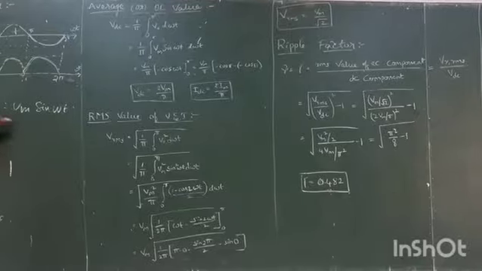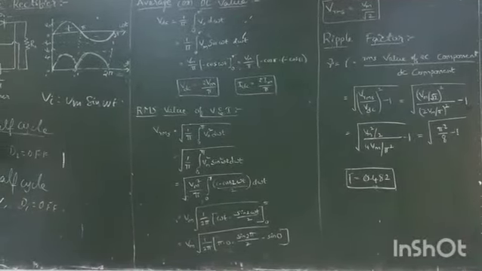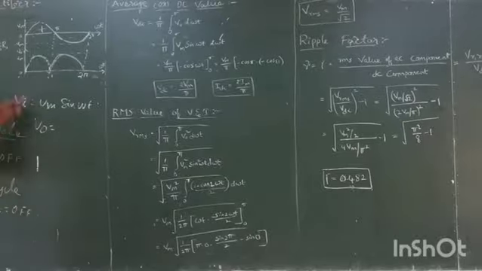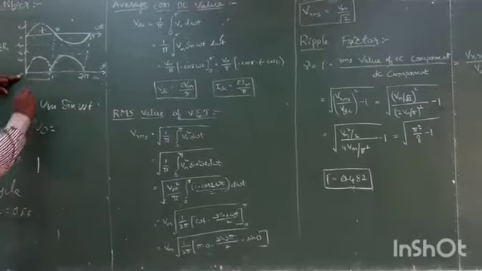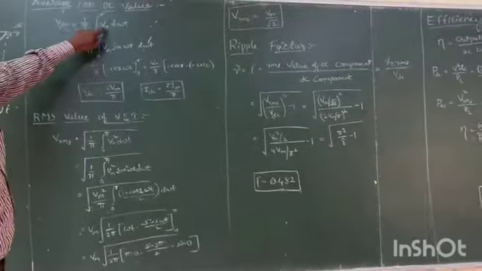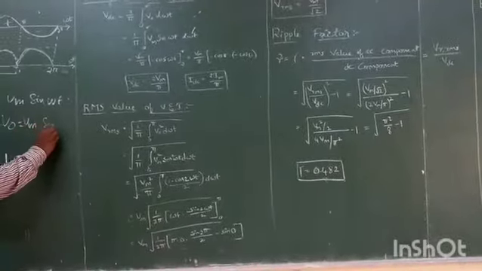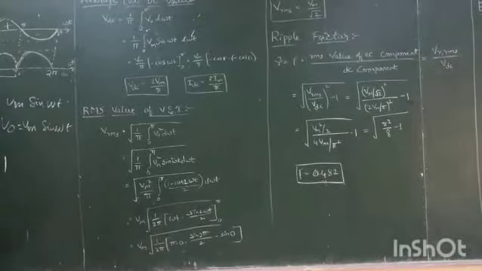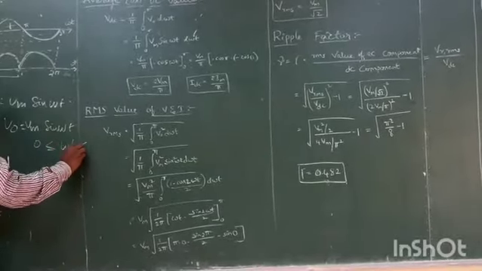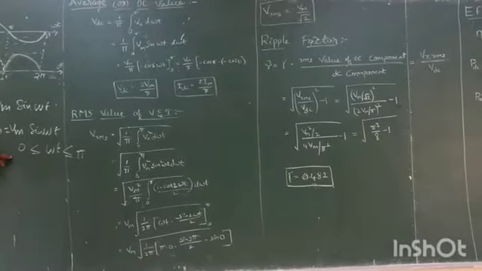This is the actual input signal which we are applying at the primary. Now your output, between 0 and 2 pi, is Vm sin omega t, and the interval is 0 ≤ omega t ≤ pi. This is the condition.